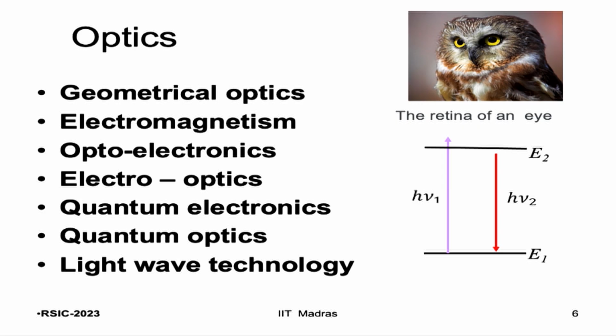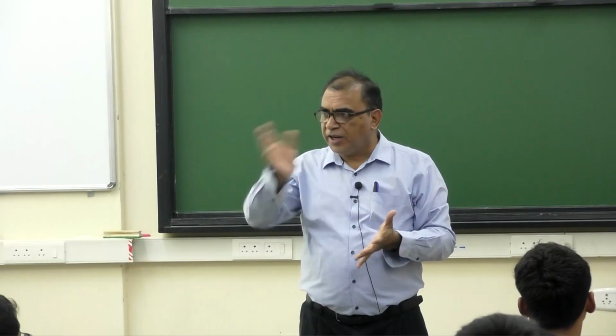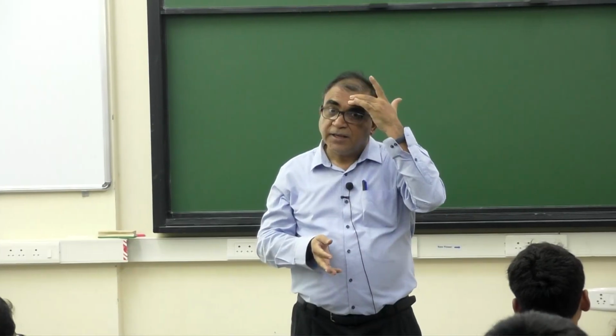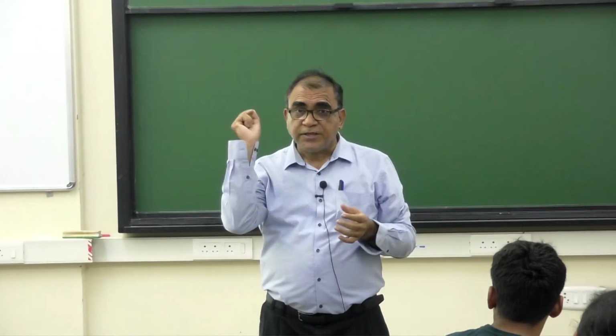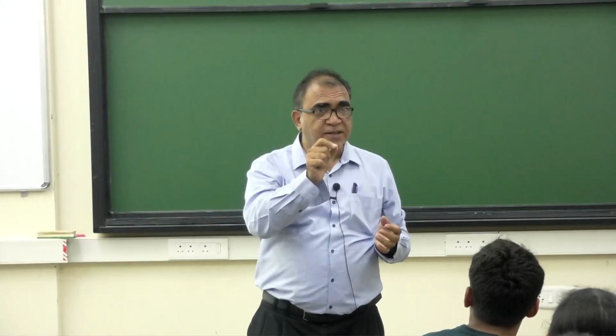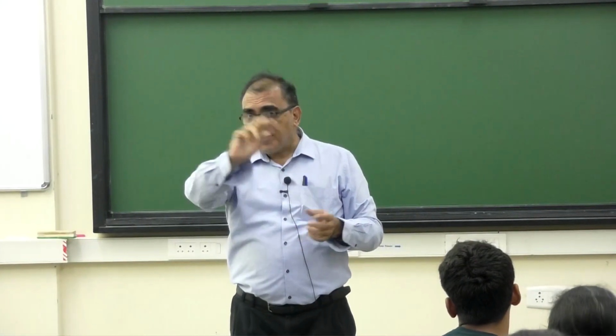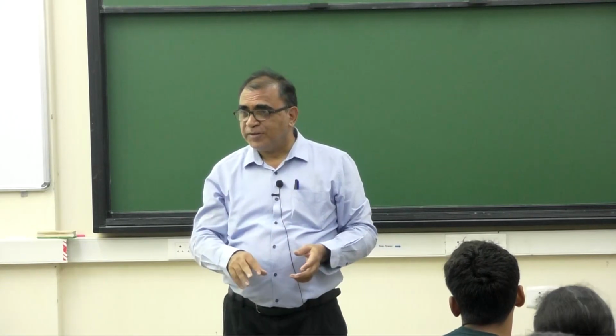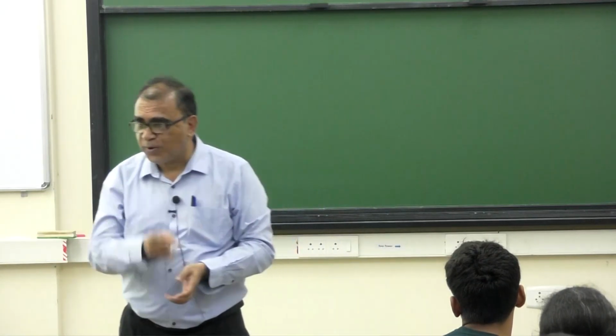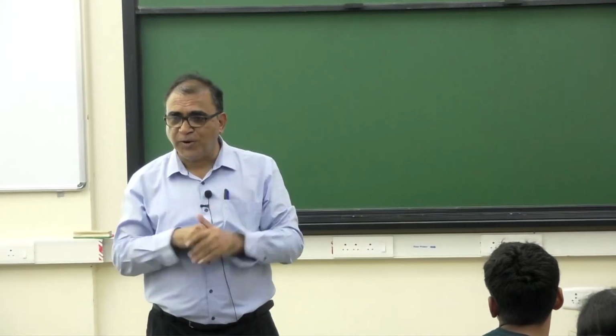Now the retina of our eye, or the owl's eye, has a retinal protein, and that you have to study. The first event which takes place in your eyes is that a photon hits the retina, and then many things happen because it has to recycle, it has to see another photon, it can't see once and be done.